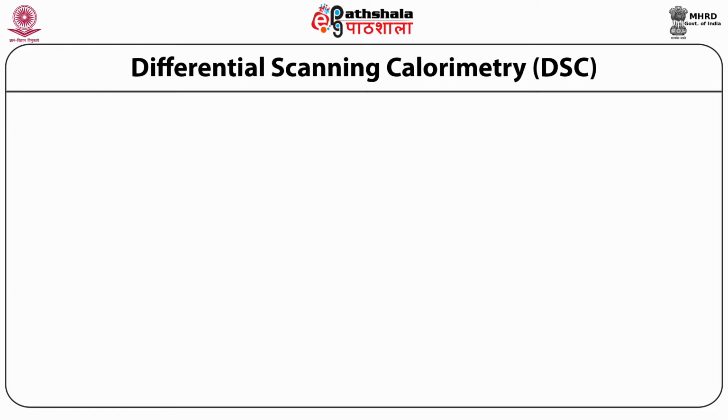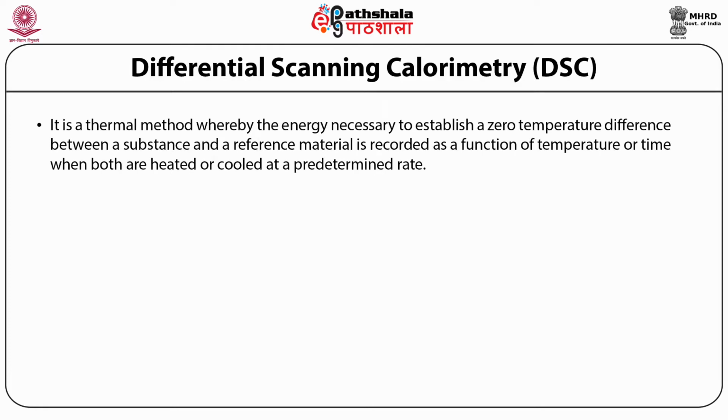Another thermal technique we shall study in this module is differential scanning calorimetry, commonly known as DSC. It is a thermal method whereby the energy necessary to establish a zero temperature difference between a substance and a reference material is recorded as a function of temperature or time when both are heated or cooled at a predetermined rate.